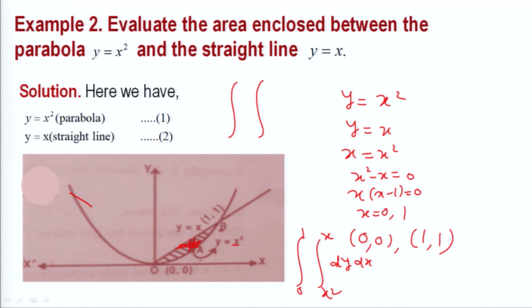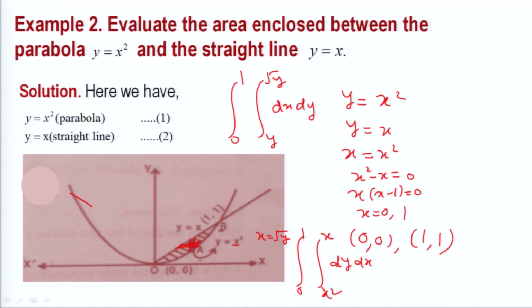Here y is equal to x and y is equal to x square, starting from left to right. So x goes from y to under root y for positive values, and y goes from 0 to 1, with dx dy.